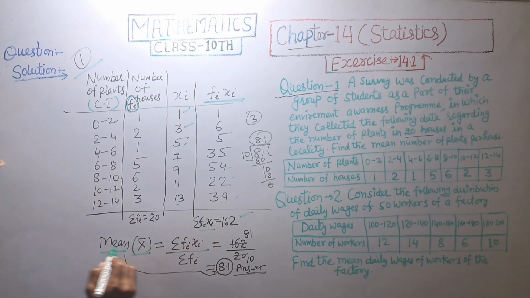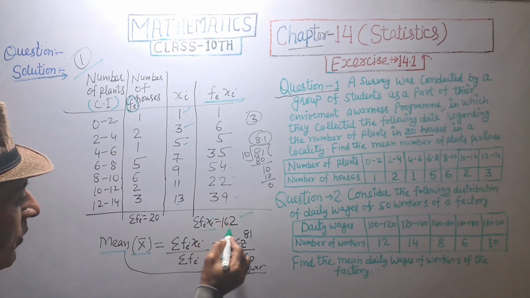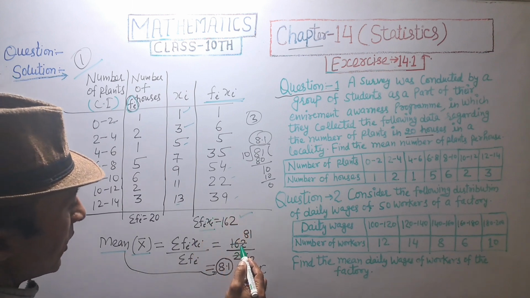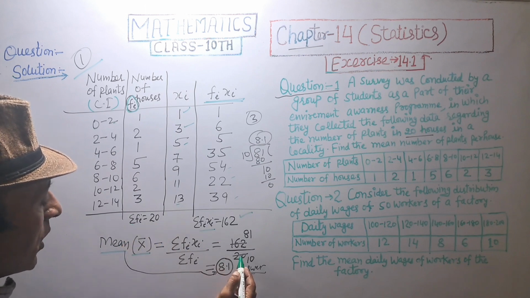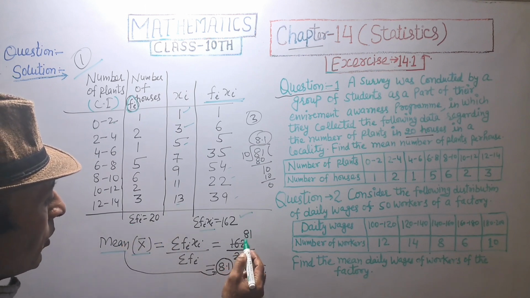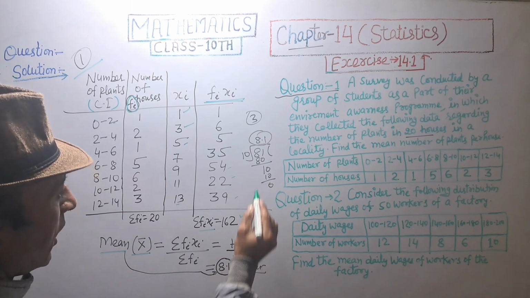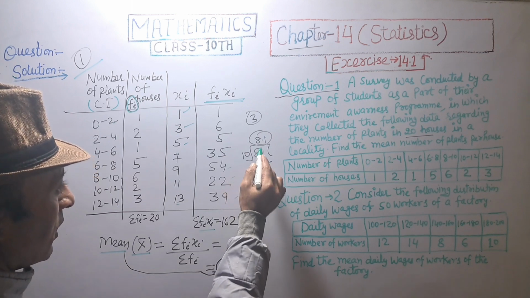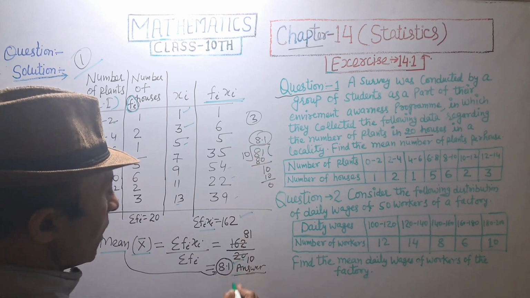Mean by direct method is equal to summation Fi Xi upon summation Fi. So summation Fi Xi is 162 and summation Fi is 20. 81 twos are 162 and 10 twos are 20. 81 divided by 10, we get 8.1. Answer.